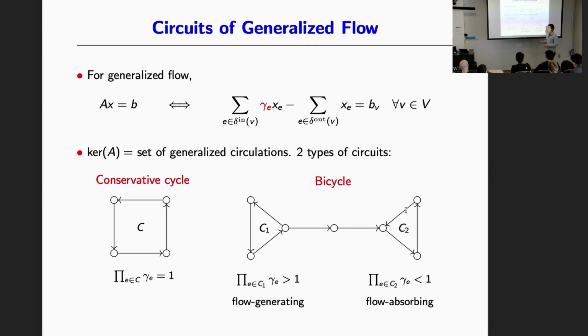It's because we look at the residual graph. If you send flow backwards, anything that has gain factor gamma, the backward arc will have gain factor 1 over gamma. So you will still have a flow generating cycle, even if you started with the assumption that every gain factor is less than 1.